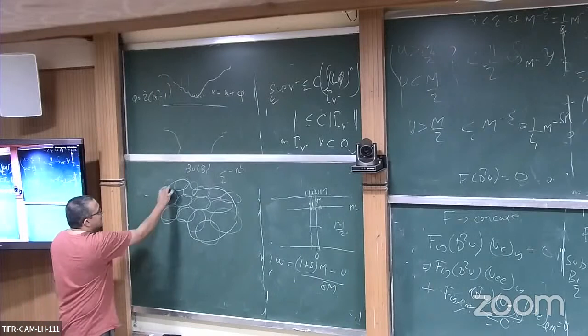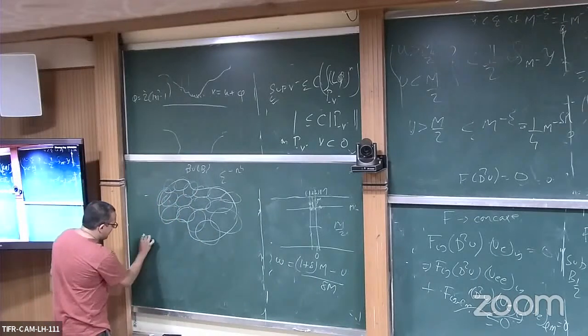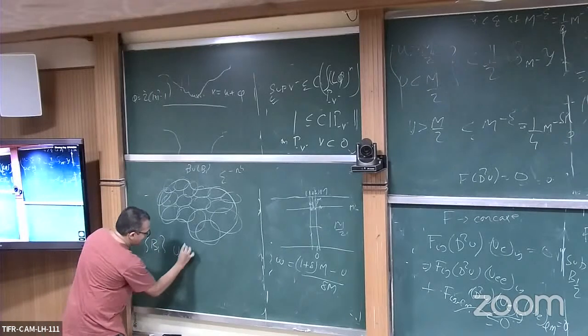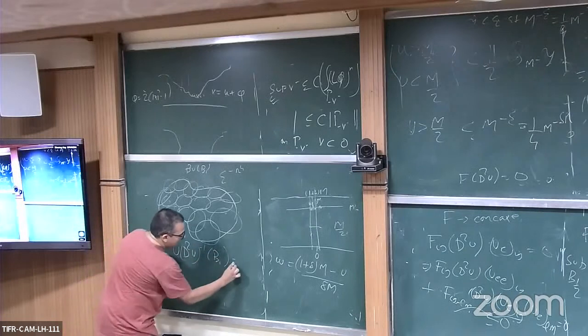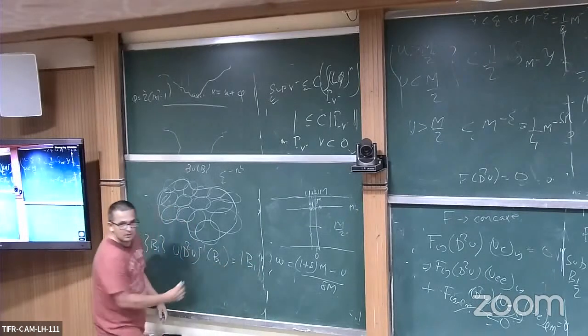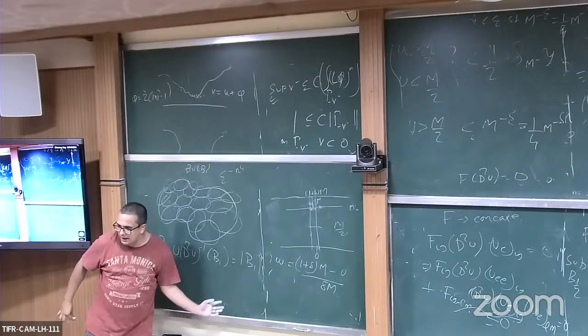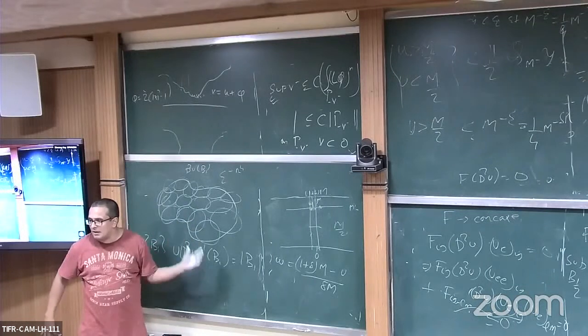Now the pre-image of this. These are balls centered at some D u of x i. Let this ball be B i. So the union of the inverse images under D square u of the B i is the measure of D1, and the measure of D1 is like 1. So one of the balls, the pre-image has to have good measure.